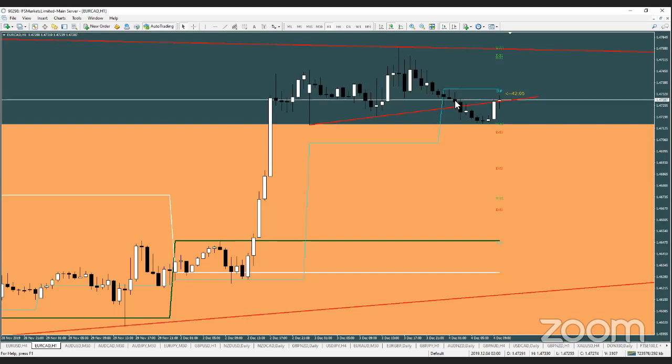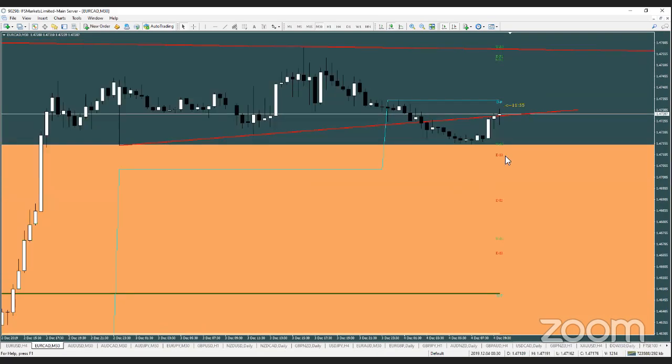So what I really want to see here from the smaller time frames is price sneak back into this orange area, into this range, and then give me maybe a lower high or something like that. By that time, hopefully, I do have something that I can use as a trade line.